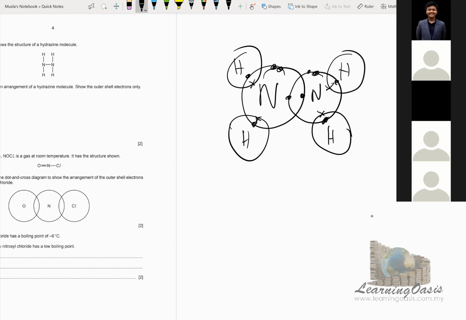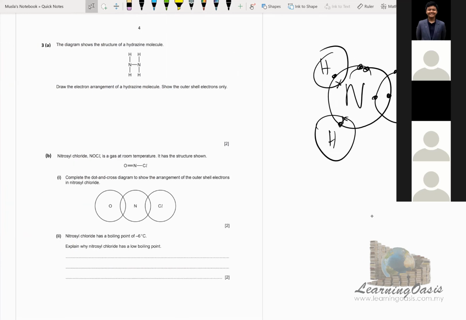Do you get it? Yes? Okay. Everyone got it right? Balkis, right or not? I got it wrong. Okay. How do you make sure that you get it right? You have to be good with your periodic table. Look at your periodic table. Nitrogen group 5, it requires another 3, Balkis. So if it requires another 3, it will share 3.